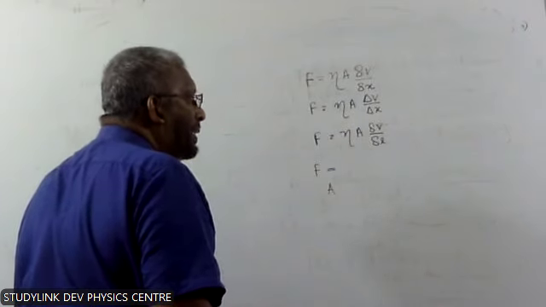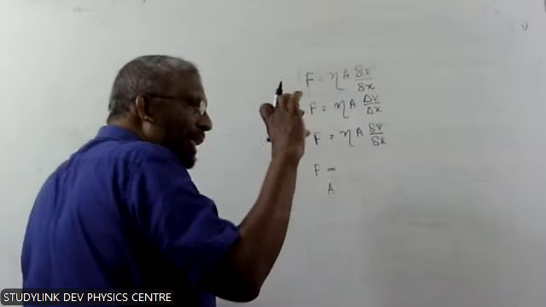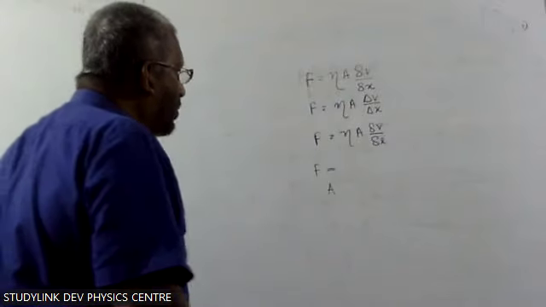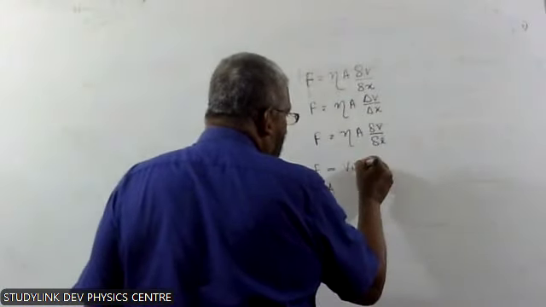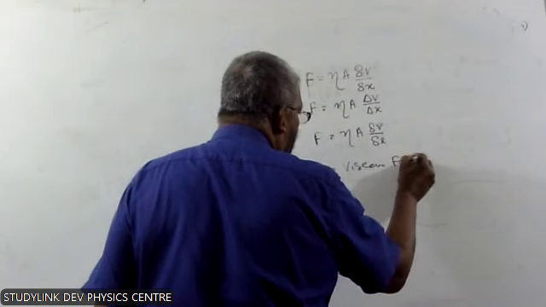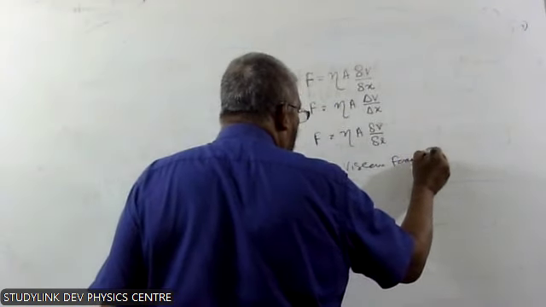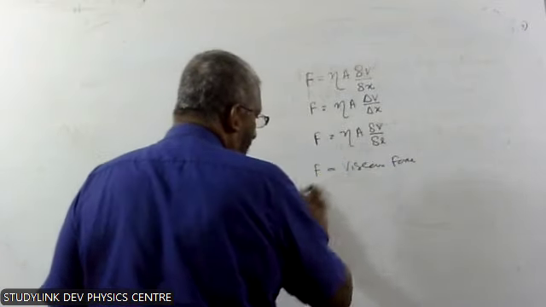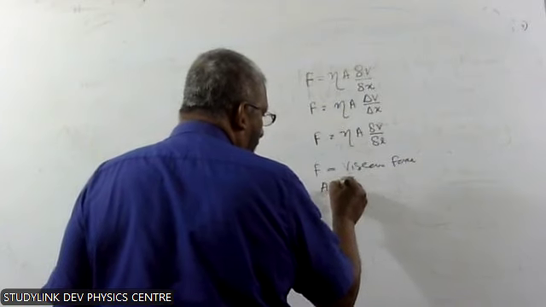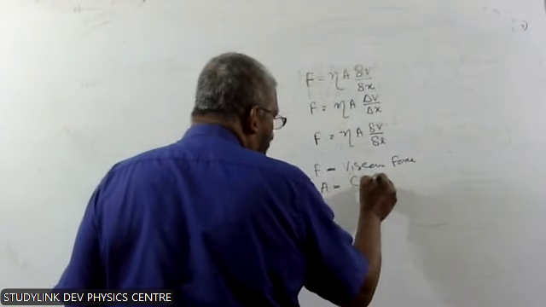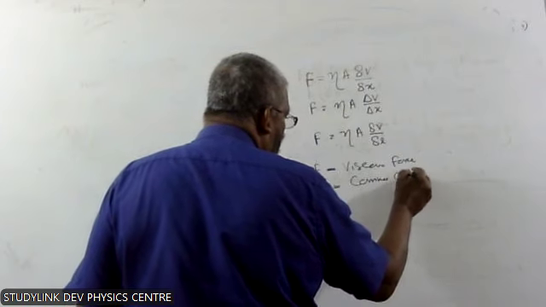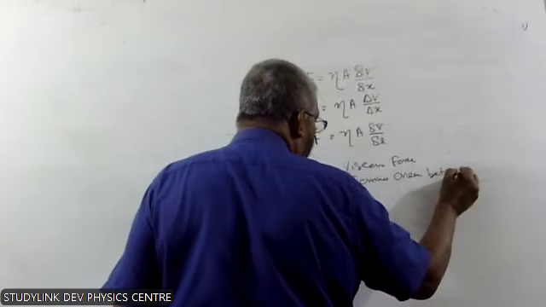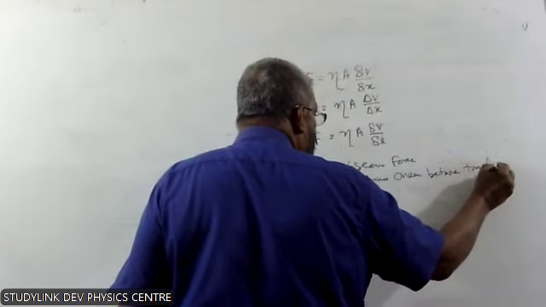Then delta X, the perpendicular distance between the two layers. So F is the viscous force on the layer, or just write surface. A is the common area between two layers.